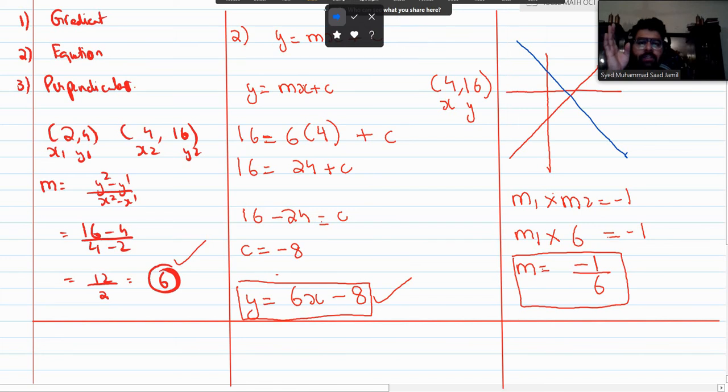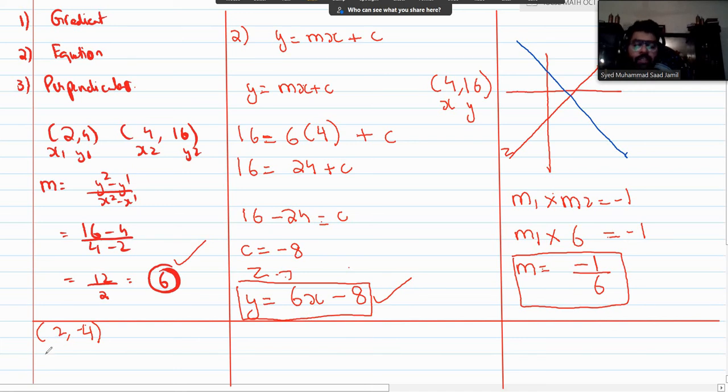Let's say the question tells us that the perpendicular line intersects, let's call this line Z. Okay, let's call this line Z. Let's say the question says the perpendicular line intersects line Z at, let's say, which point should I choose? Let's say 2, minus 4. Okay.